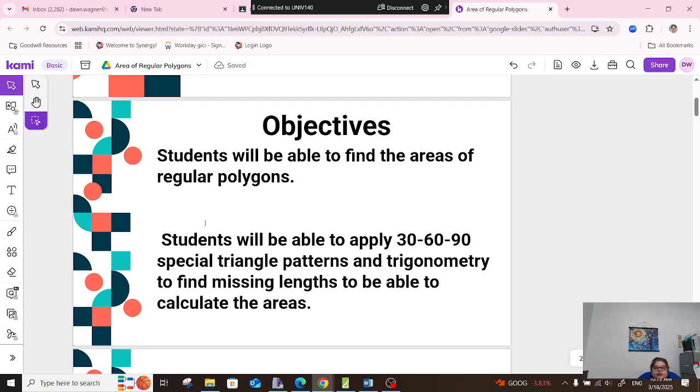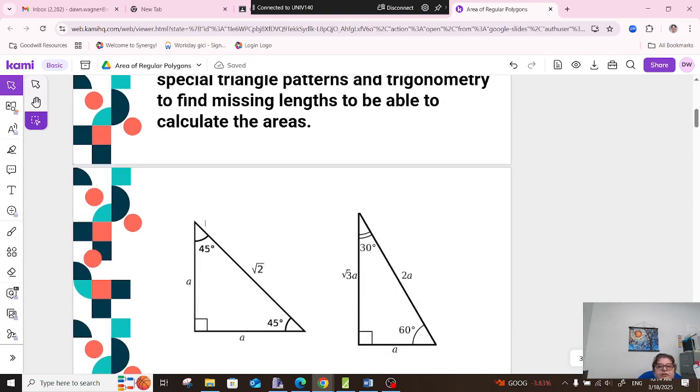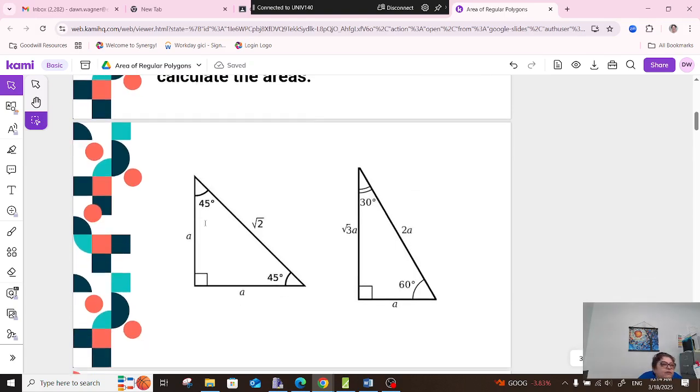Okay. Students will be able to apply 30, 60, 90 special triangle patterns and trigonometry. Or you could just stick with the trigonometry because I know most of you liked the trig. But with these, I don't know if we'll get weird square roots or not. Okay, but I am going to review.